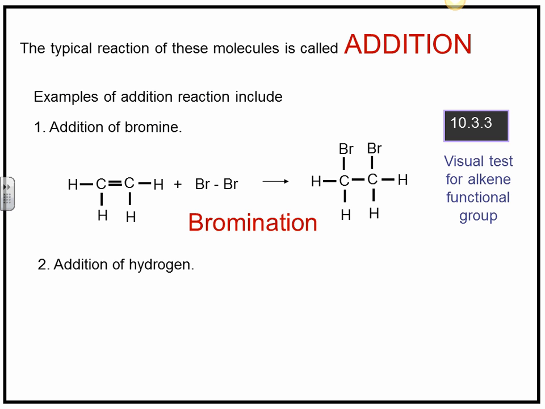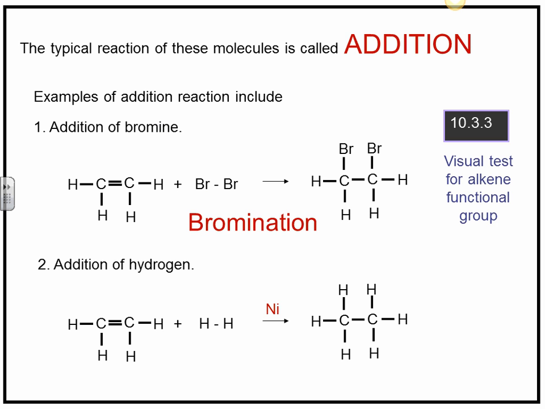All right? Another example of a reaction is the addition of hydrogen. Now, hydrogen is not as electronegative as bromine. Hydrogen is not as reactive as this, and that's why Ni is above this arrow. So it's a catalyst, because it needs a little bit of extra help. Nickel is a very common catalyst.